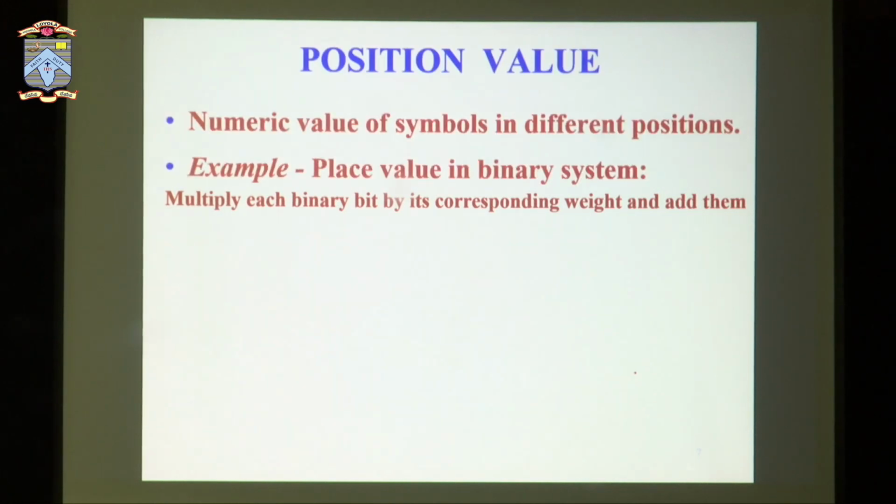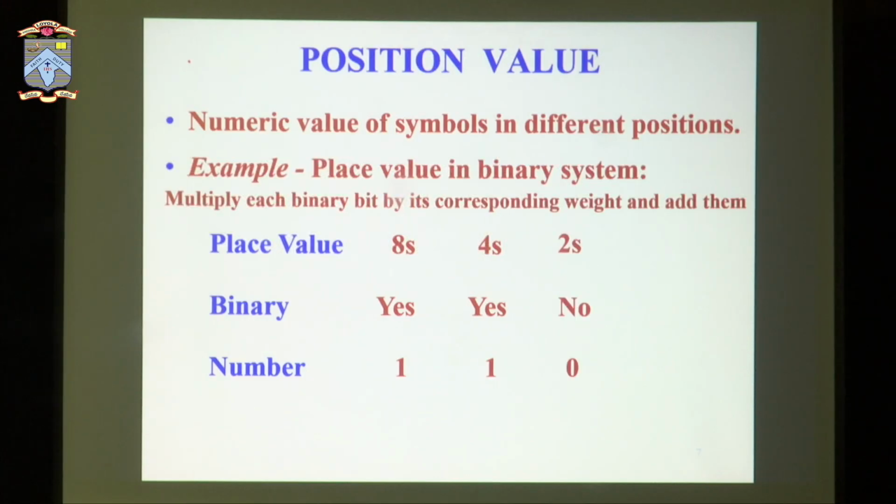The next one, the position value. Based on the positional value, for example, there is a number 444. How do you say it is 444 in decimal? The corresponding weight is 10 power 0 here, 10 power 1 and 10 power 2. That is, simply, the hundreds place, the next one is the tens place, whereas this is the units place.